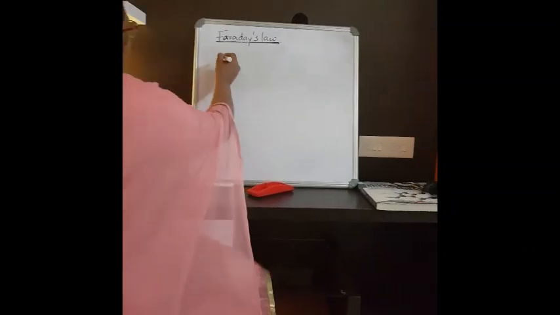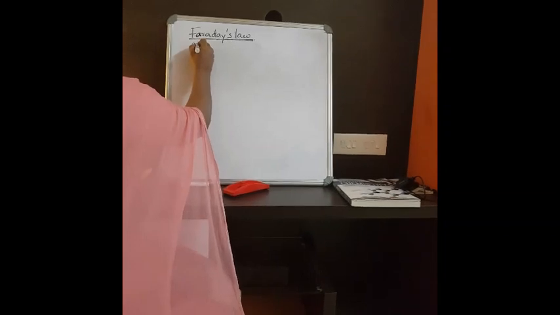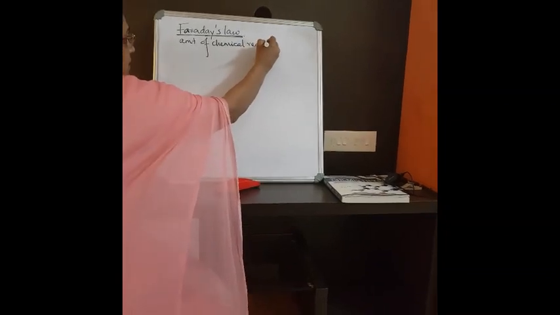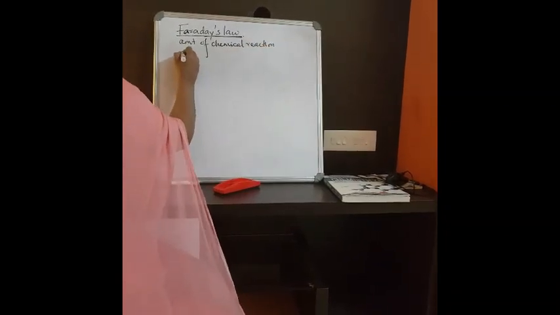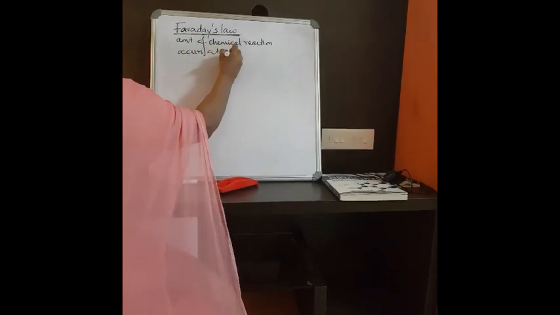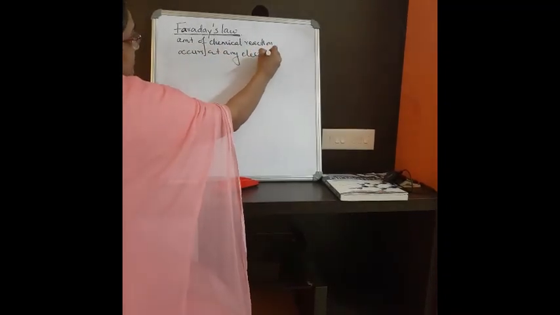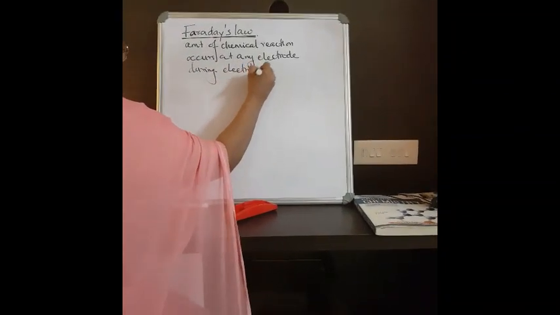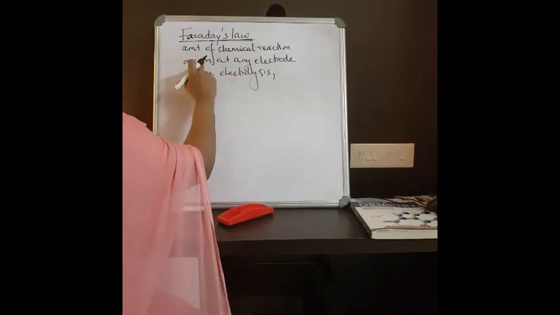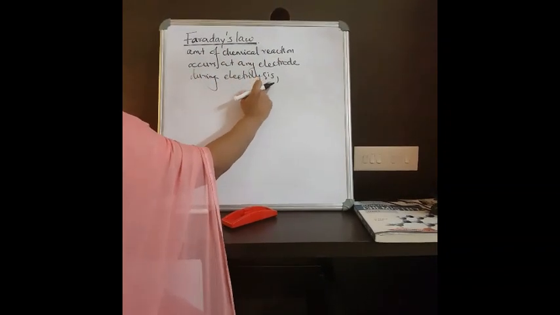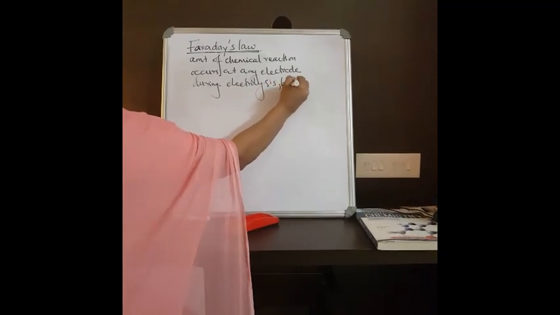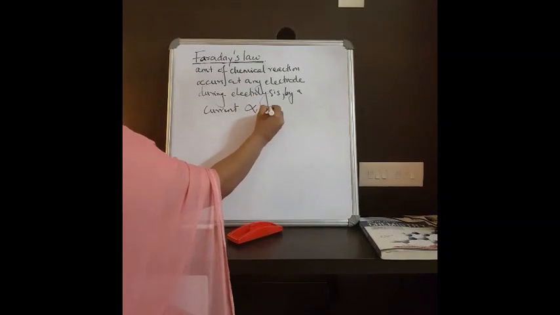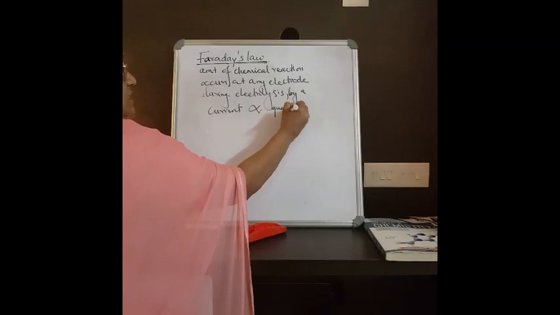Now Faraday's first law states that the amount of chemical reaction that occurs at any electrode during electrolysis by a current is directly proportional to the quantity of electricity passed.